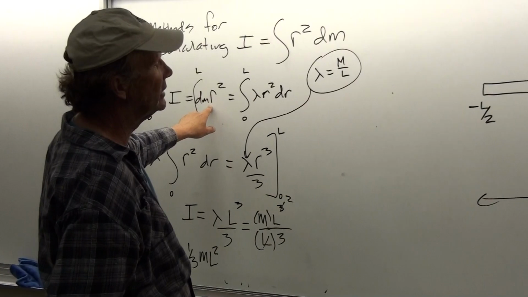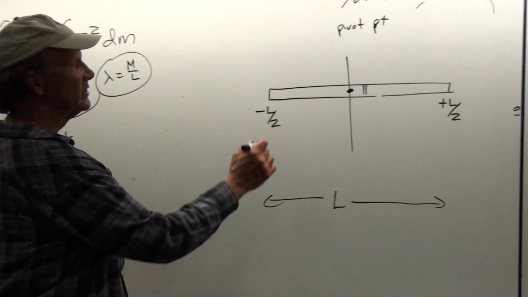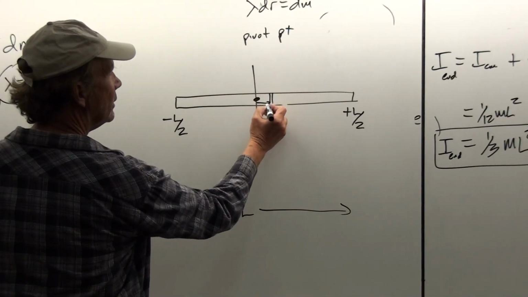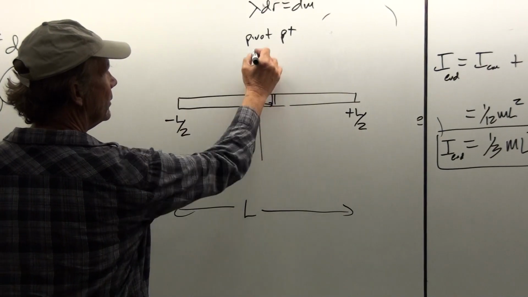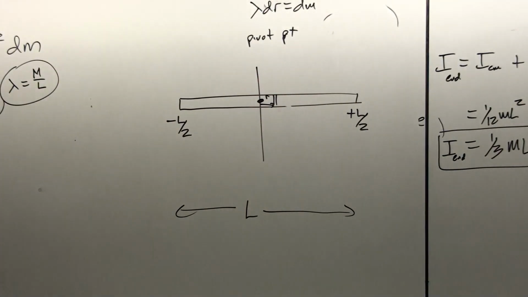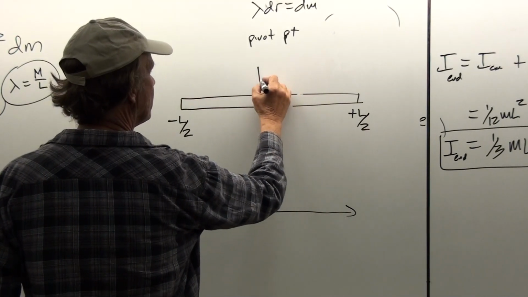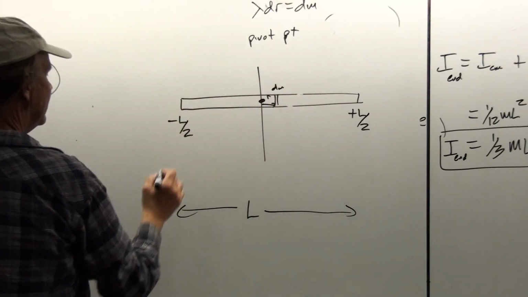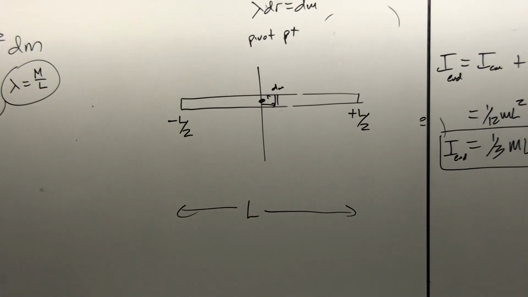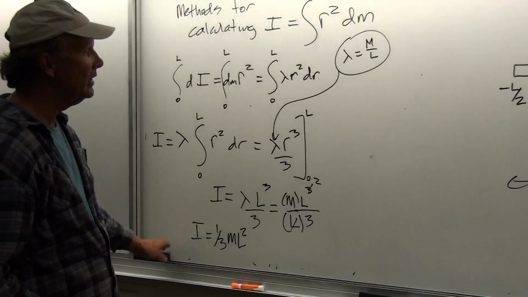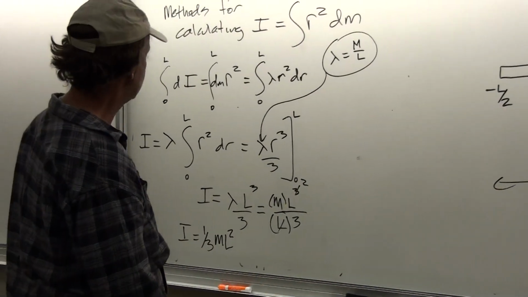It's going to have to be in terms of distances as measured from our pivot point. Okay, so here's our little dm again. Here's our r, but the r goes from minus L over 2 to plus L over 2. So you see that it's actually just the same as this setup here, but with different limits of integration.